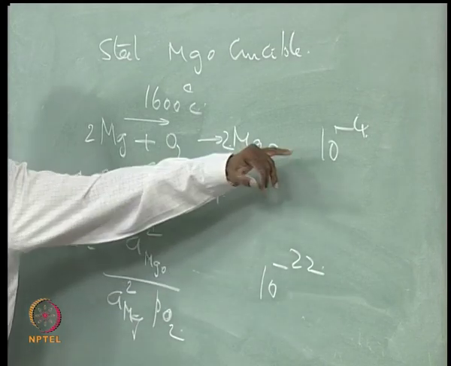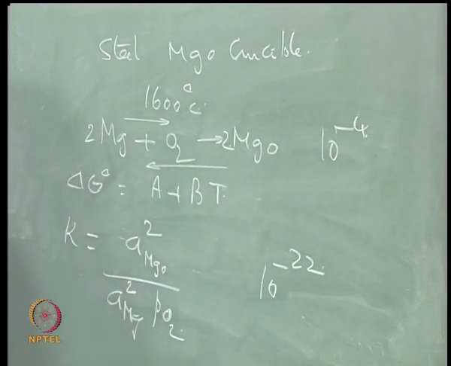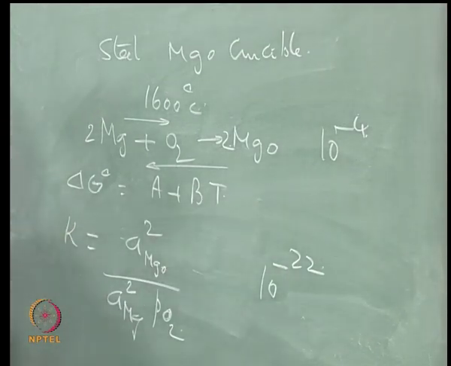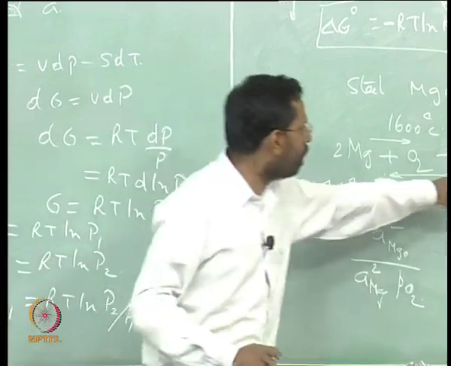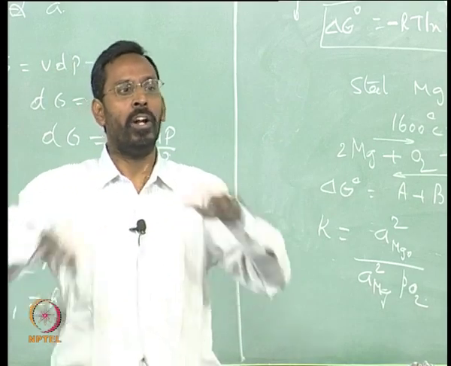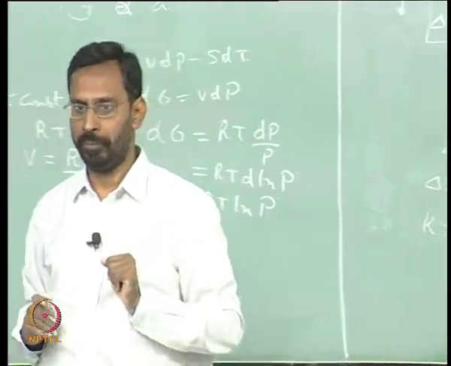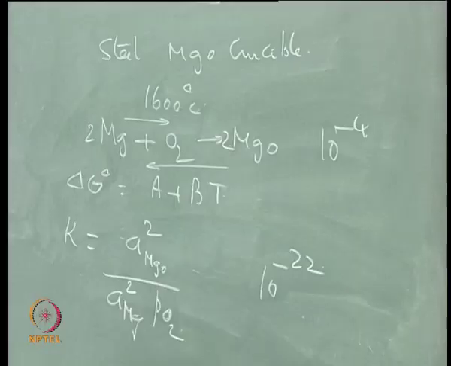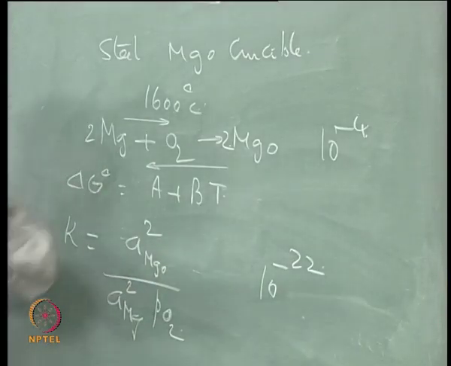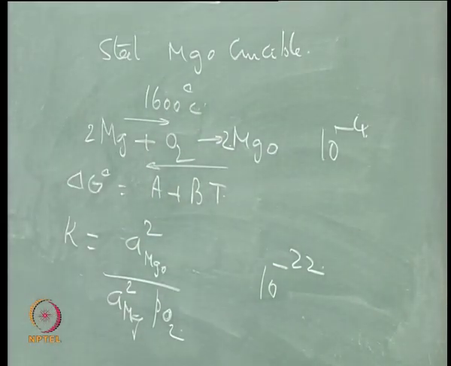If the oxygen that is available is less than the partial pressure of oxygen required to maintain the equilibrium, then MgO will dissociate and give you oxygen, so that this oxygen joins the atmosphere to maintain the equilibrium. So, this is how I can simply calculate the equilibrium partial pressure, find out the actual partial pressure inside, and then find out whether this MgO is stable or not stable.